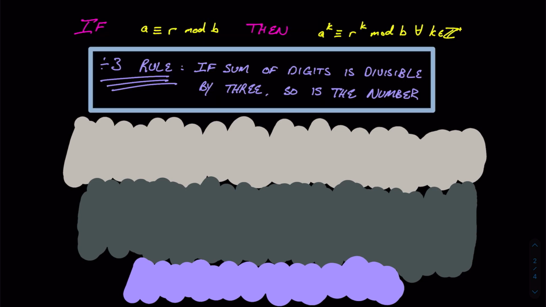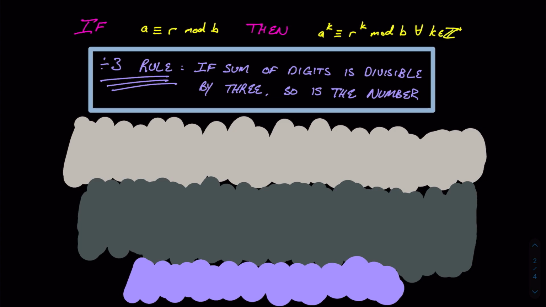So from the last part, we saw that if we can write A is congruent to R mod B, then we can also write A to the K is congruent to R to the K mod B for all K in the positive integers.